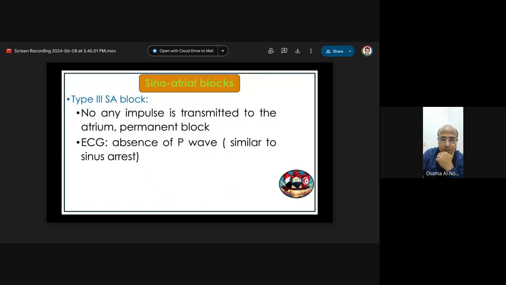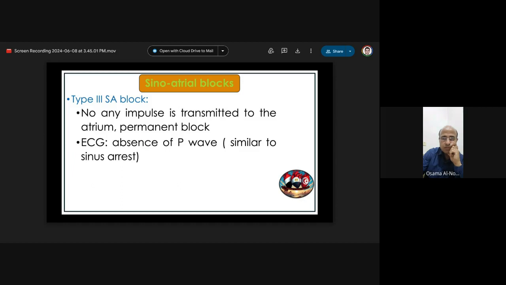For the third degree of sinoatrial block, none of the sinus impulses are conducted to the right atrium. There is a complete absence of P wave. Rhythm may be maintained by a junctional escape rhythm. Third degree sinoatrial exit block is indistinguishable from sinus arrest due to pacemaker cell failure.